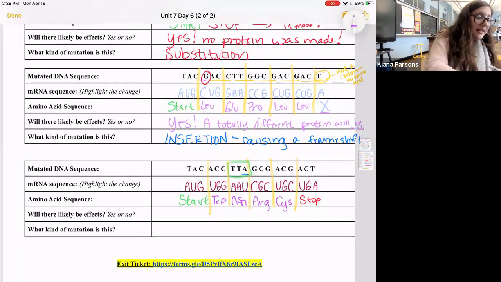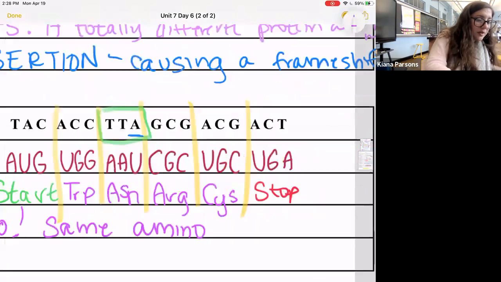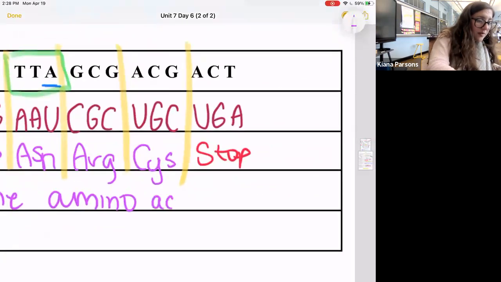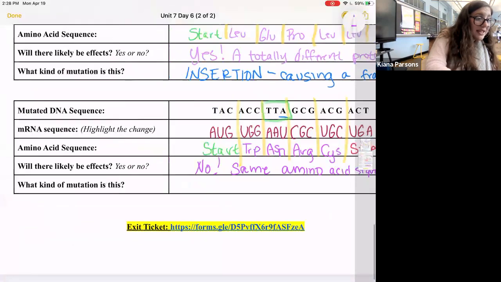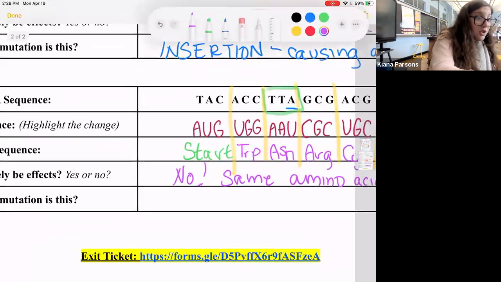So will there likely be effects? No. The same amino acid sequence is produced. So what kind of mutation is this? This is a single substitution.